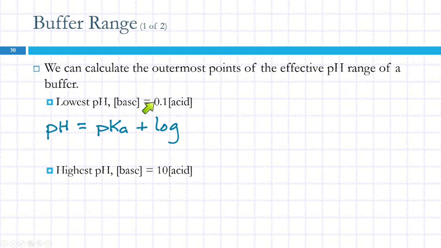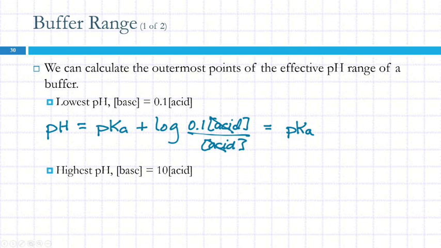Well, the base concentration equals 0.1 times the acid concentration. And the acid concentration is equal to the acid concentration. So the acid concentration cancels out. And we get pKa minus 1. The log of 0.1 is -1.